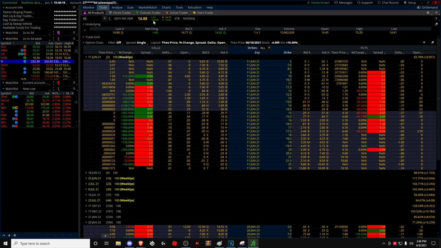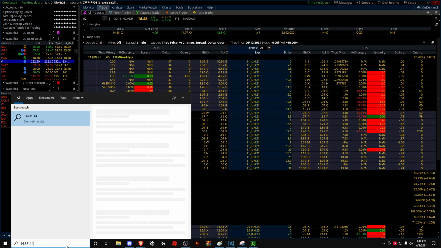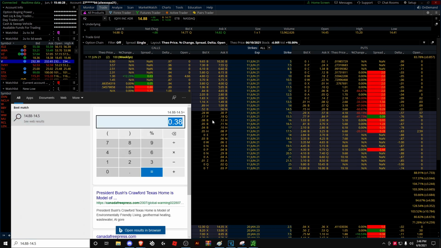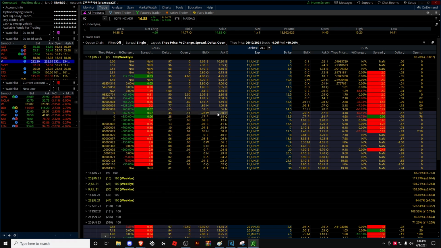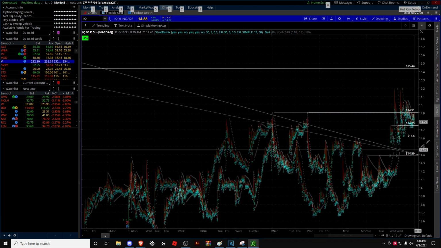This is worth $38 intrinsic value, since you do the current price minus 14.5. There's your intrinsic value, what it's actually worth right now. And then this is time value. So you can really see how this can be powerful for figuring out what is going to be the large percent returns. And you can see today that went 260% with that gap up. Hopefully that can make sense for you guys.